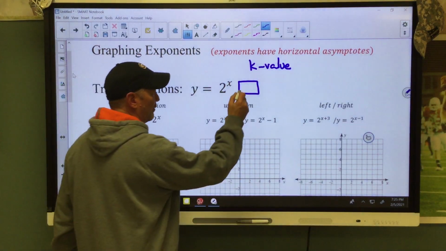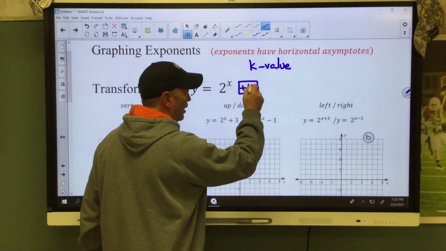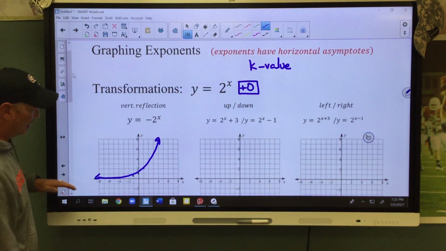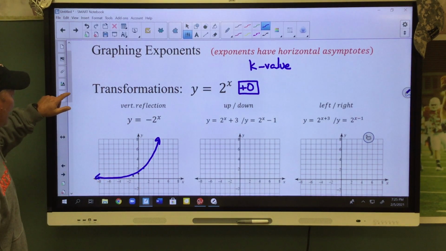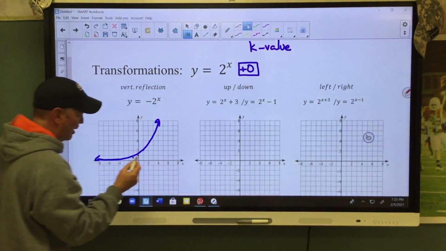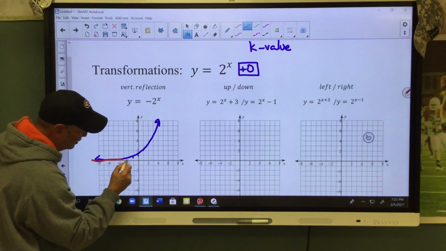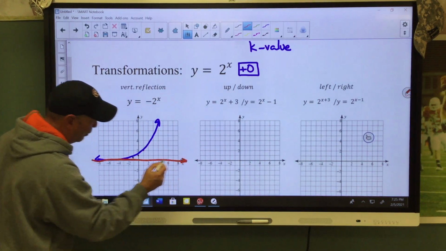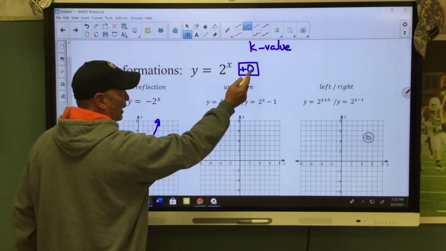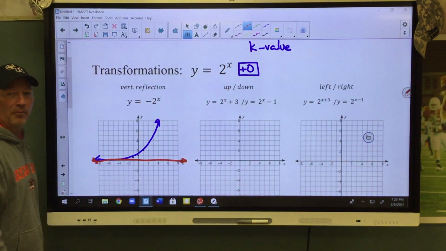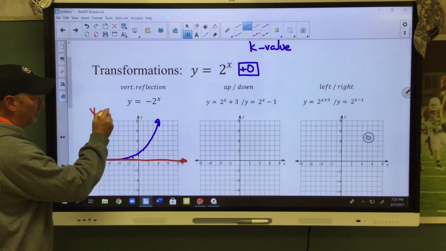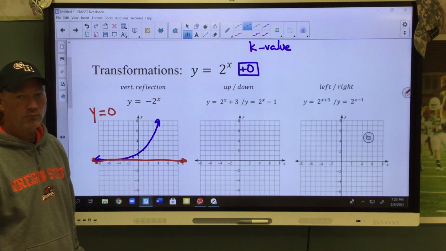So in this case, it's an invisible 0. And since it's horizontal and it touches the y-axis, you would say that my horizontal asymptote would be here, where y equals 0. It's going to be y equals whatever your k number or your k value is. In this case, you would say that y equals 0.